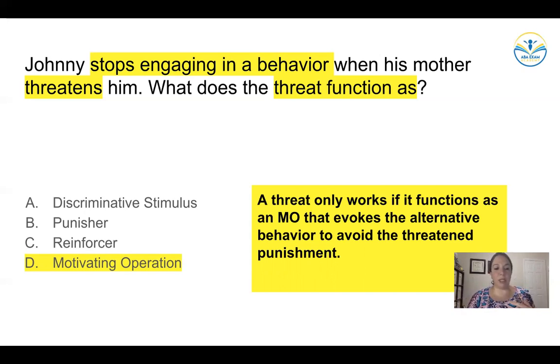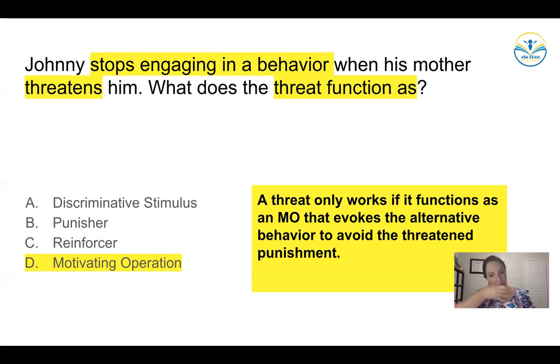Is that clear to everyone? Yes. An MO either makes the reinforcer more valuable or decreases that, or it has a behavioral function to it. I still don't get why that's a threat. Okay, the question was what the threat functions as versus the mother.